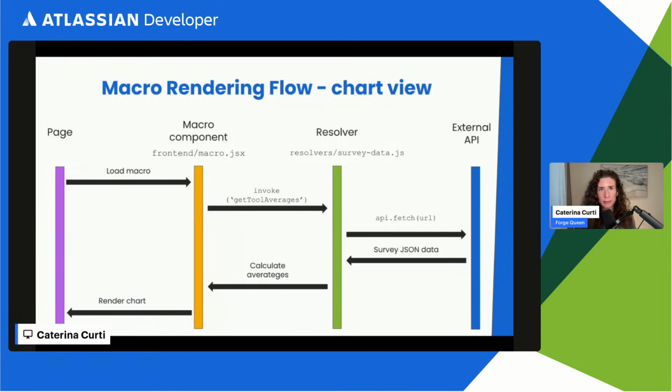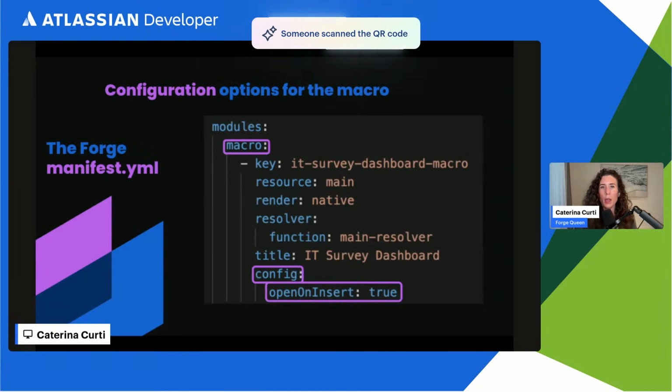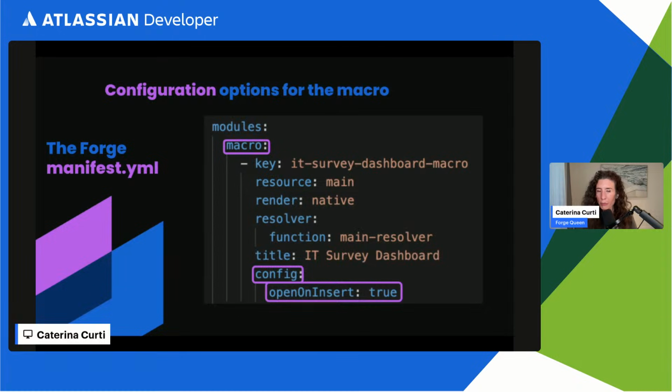So this is the flow for the rendering of our macro. If you remember, when I added the macro to the page, I pointed out that our config panel opened by default, and that's because of this option that we have in the manifest.